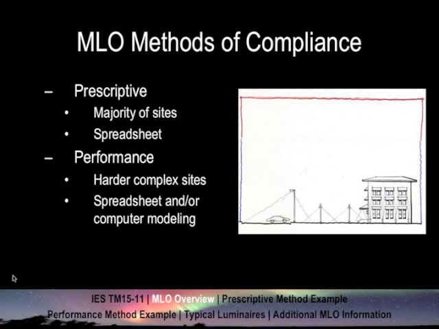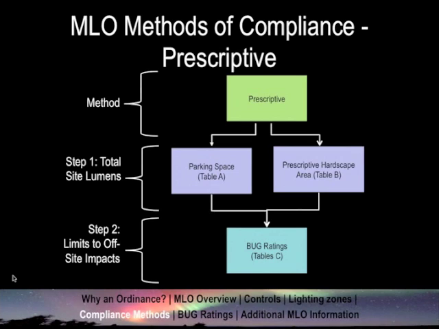The majority of cities and communities may only have prescriptive methods and have the performance method as maybe a special land use or a special case, and not necessarily for the general public or the general applications to go through. But that's your choice.